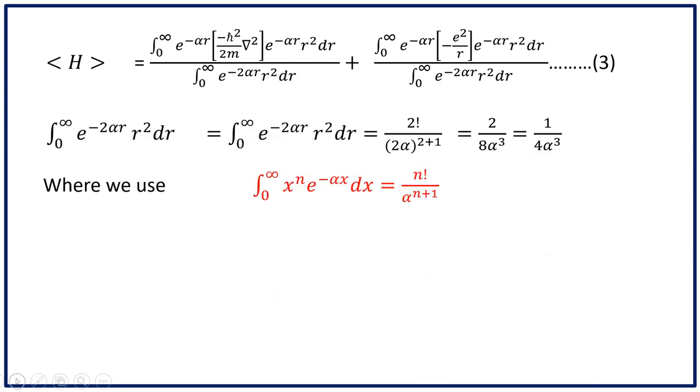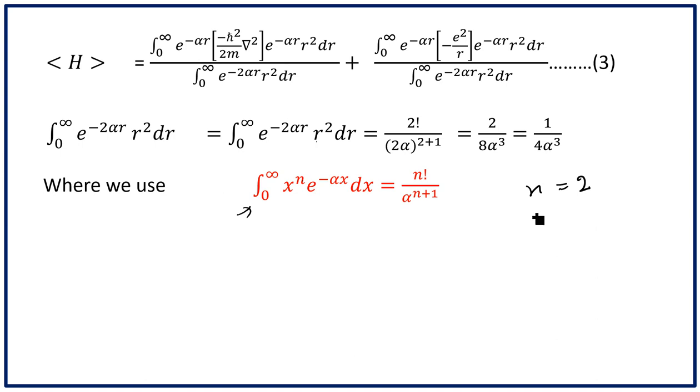Now solve the denominator, e to the power minus 2 alpha r, r square dr, using the beta gamma function. Integral 0 to infinity x to the power n, where x is equal to r and n is equal to 2, e to the power minus 2 alpha r, like e to the power minus alpha x.